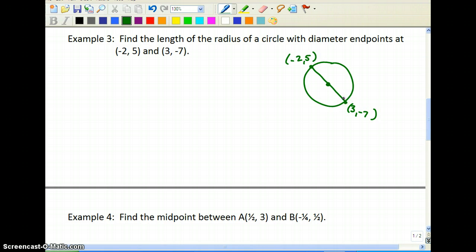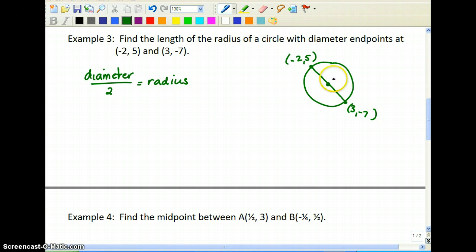They want to know the length of the radius. So we could find the length of the diameter and then divide it by 2, and that would give us the radius.